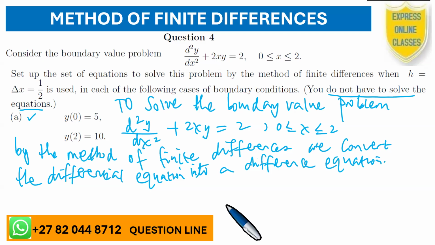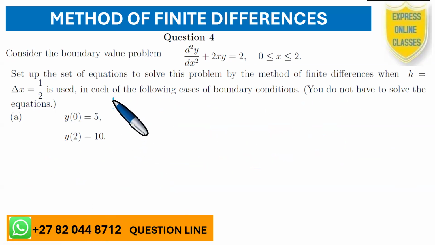Now I want us to give a brief description of the actual conversion technique that we use. I think it can always be of great assistance, and it makes things easier.